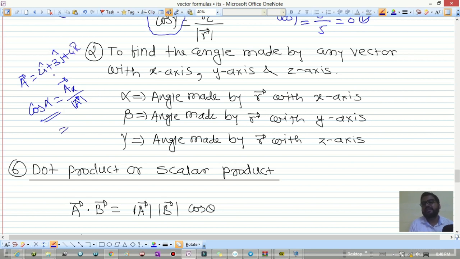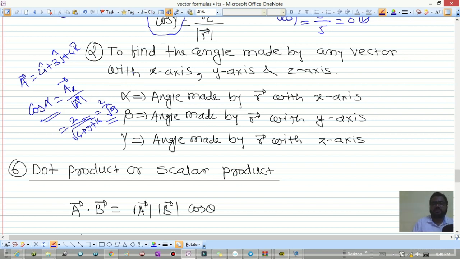Then take the x component, which is 2, divided by its magnitude, root of 2 squared, that is 4, plus 9 plus 16. So you just find out 2 over root 29. So this is the cos alpha we have. Likewise, you can find out cos beta. Likewise, you can find out cos gamma.